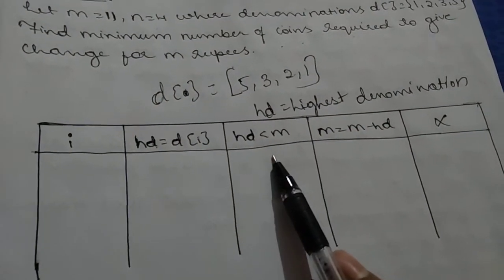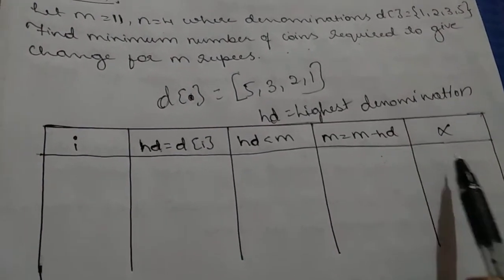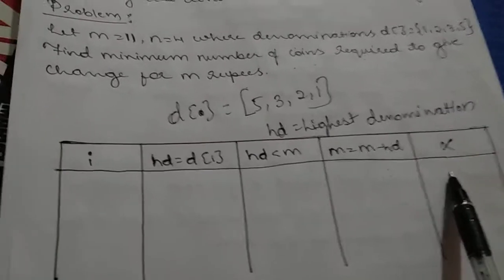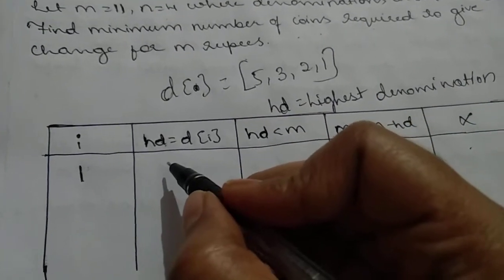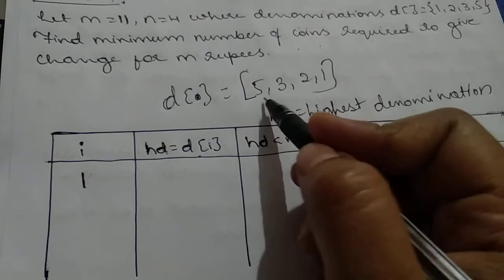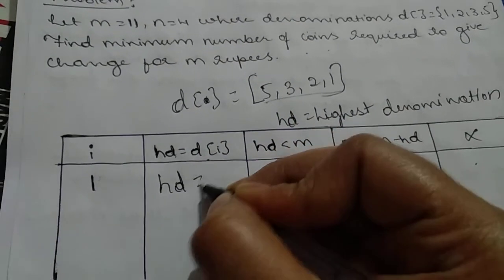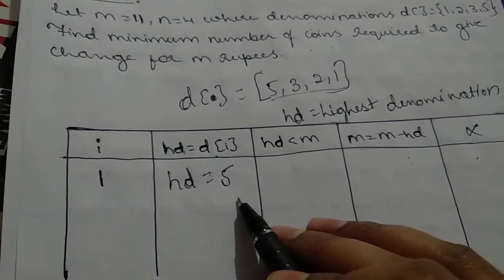If it is yes, then you have to do m equals m minus HD and then return the denomination as x. Now let me start with the problem. The very first step, 1, and highest denomination is d of i. Among this d, 5 is the highest denomination. So I'll select HD equals 5.